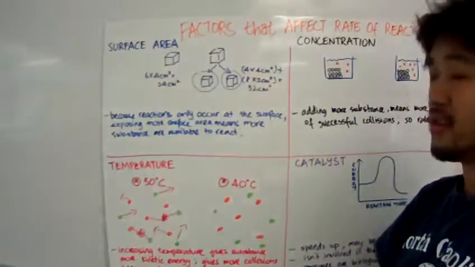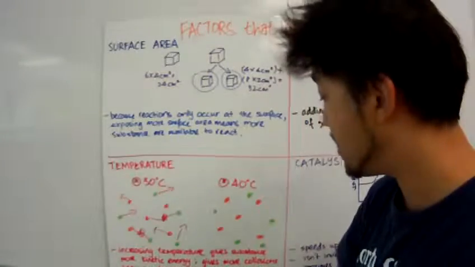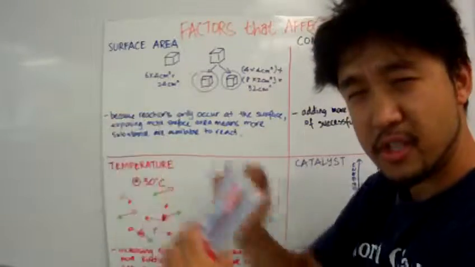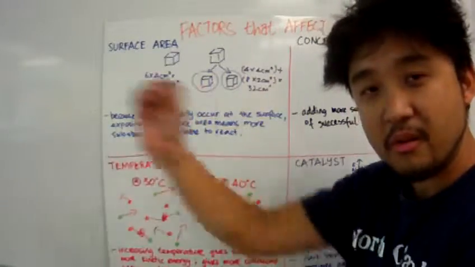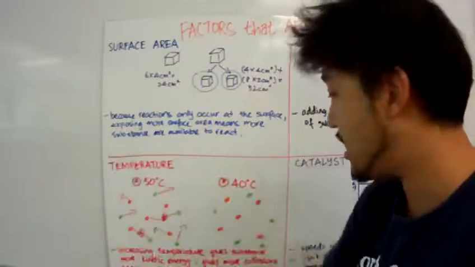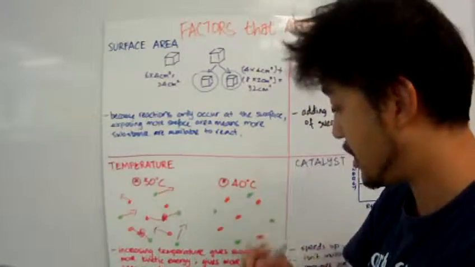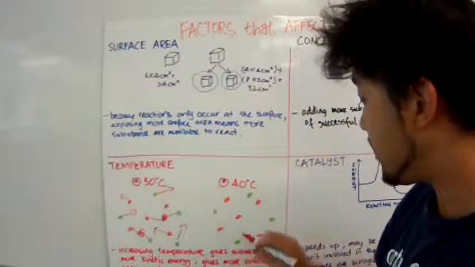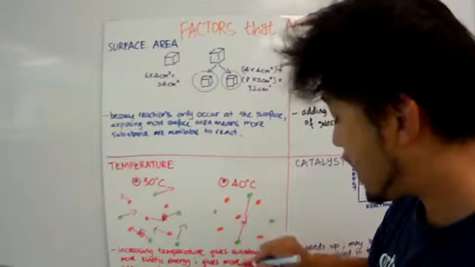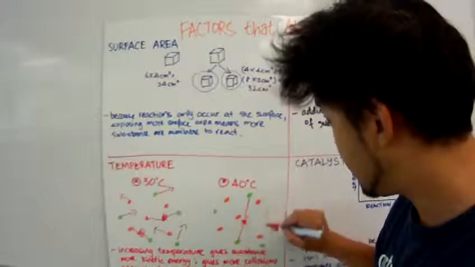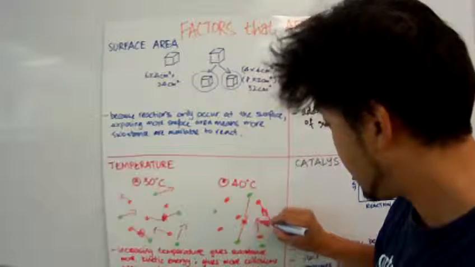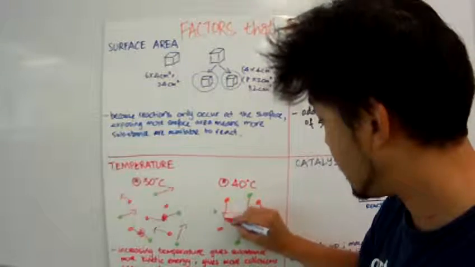But let's say you increase the temperature by 10 degrees. The rate at which the particles move is now much faster. It's going up. The particles have gained more kinetic energy. So even particles that were far away before are now able to collide.